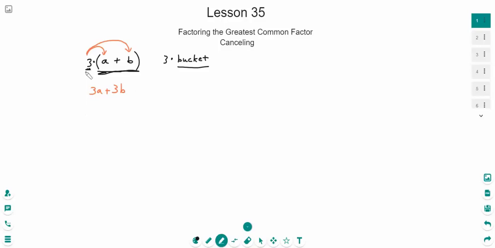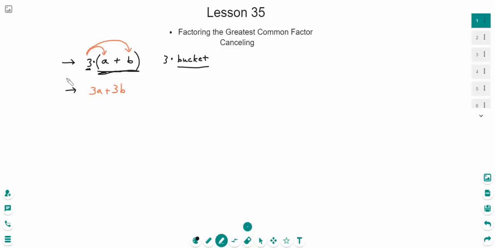Now that you've reviewed how the distributive property works, today, when we talk about factoring the greatest common factor, we're actually reversing the distributive property. We're starting with this, and we're trying to get to this.